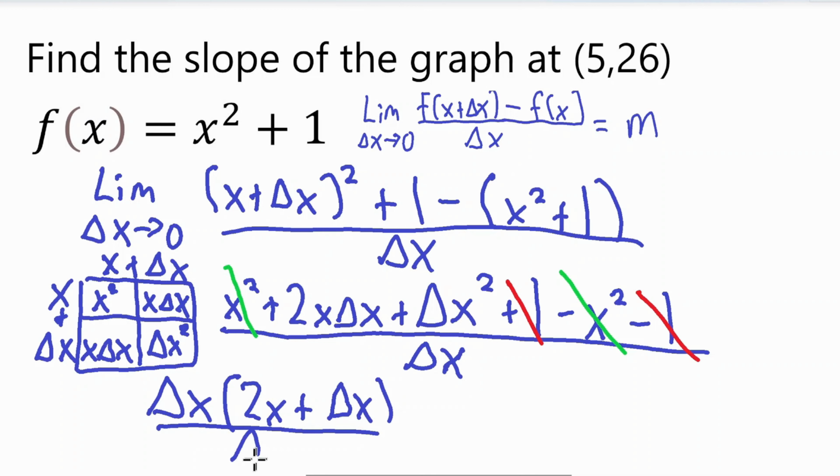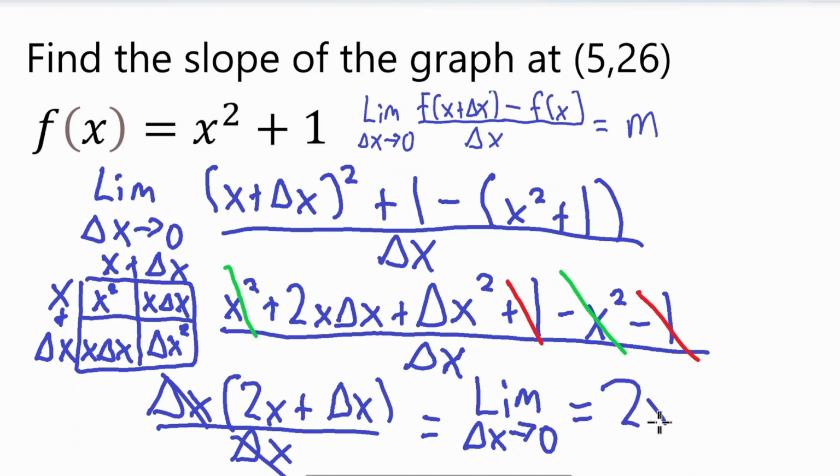Alright, and now notice how we have a delta x term on the top and on the bottom. So we are able to cancel it out from top and bottom, just like that, meaning we have our new equation as the limit as delta x approaches 0 of 2x plus delta x.